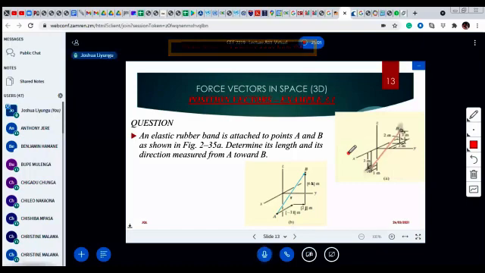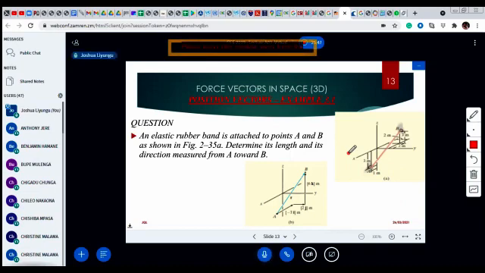Right? Then the next thing is the direction. What is the direction? Which direction are you talking about? Here we are talking about alpha, beta, and gamma. And what is the equation of getting the direction? We know that cos alpha is equal to the AB itself in the x component over the magnitude.